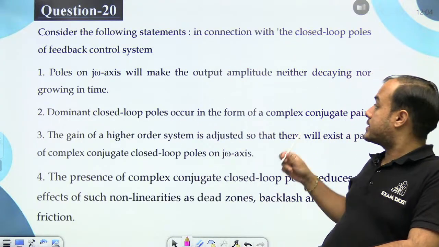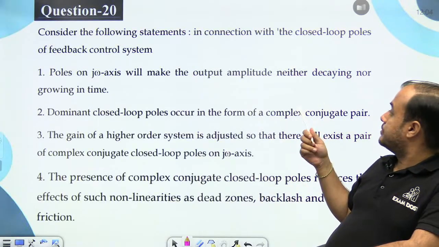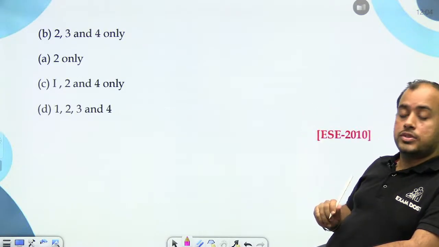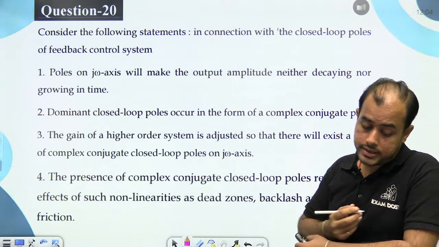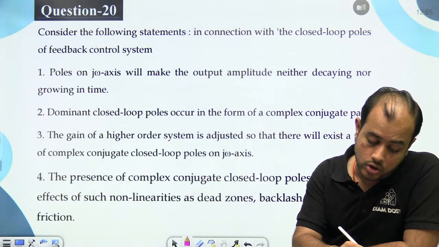Consider the following statements. Which statements are correct? Okay, ESE 2010. Poles on the j omega axis will make the output amplitude neither decaying nor growing.